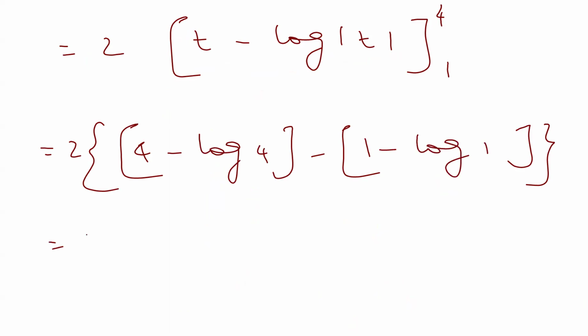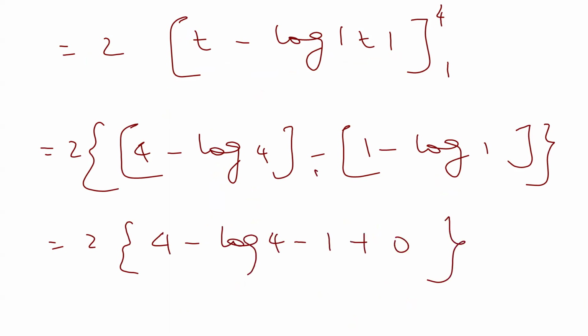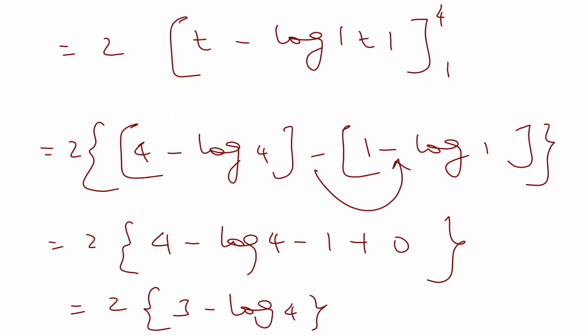Log 1 is 0, we all know that. So 4 minus log 4 minus 1 plus 0, plus 0 because minus into minus is plus. 4 minus 1 is 3. 2 into 3 minus log 4. That is the answer. You can keep it as it is.